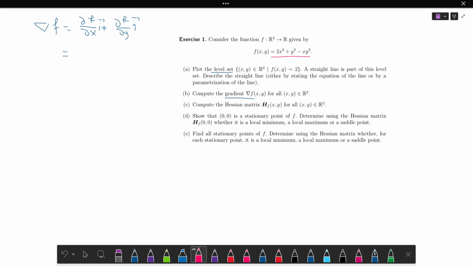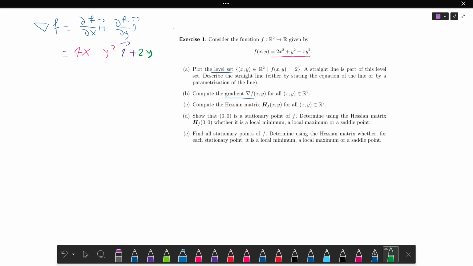So what? 4x minus y square. Brilliant. This is in the direction of i. Now differentiate with respect to y.